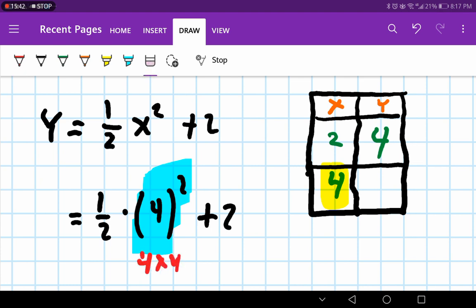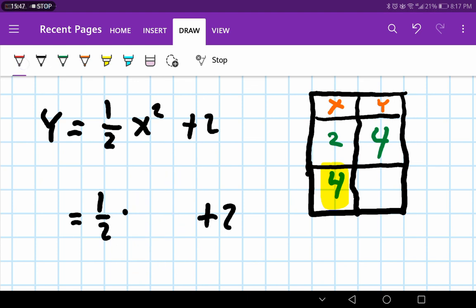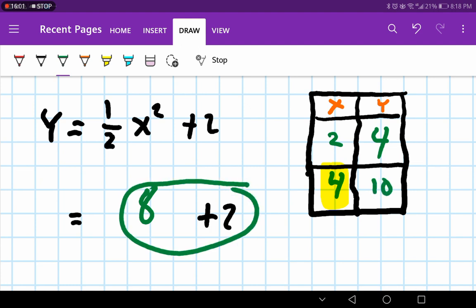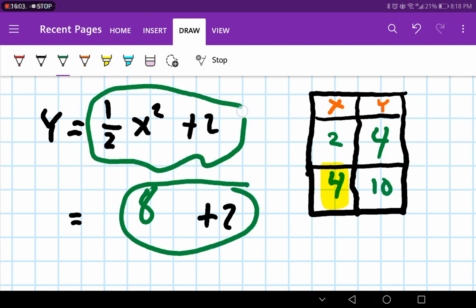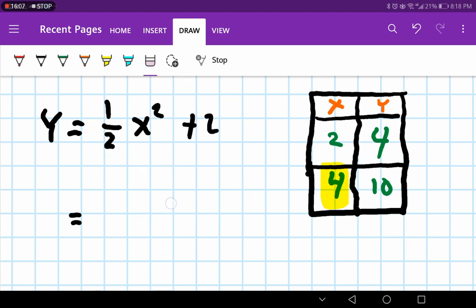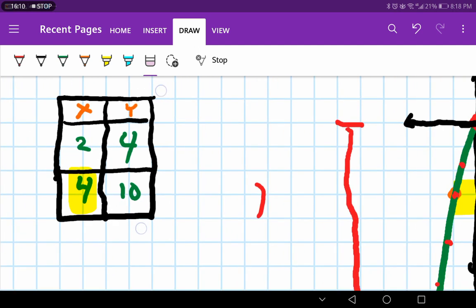Remember, square means multiply the number by itself, so it will be 16. Now 16 multiplied by half means 16 divided by 2, and this gives 8. 8 plus 2 equals 10. Don't forget to add the 2. So we are done. Now we go to the graph.